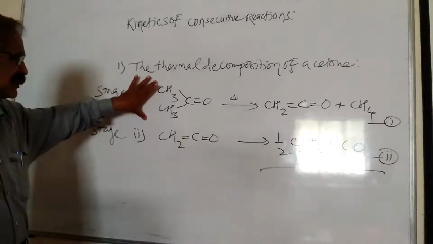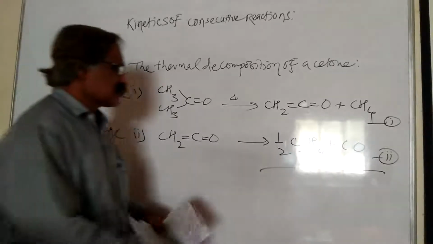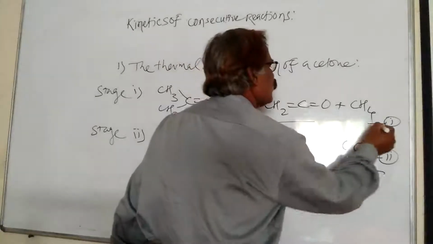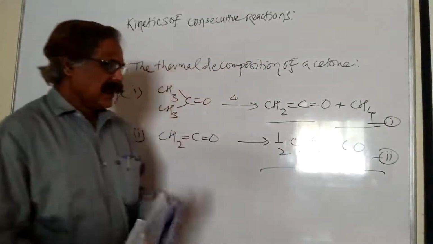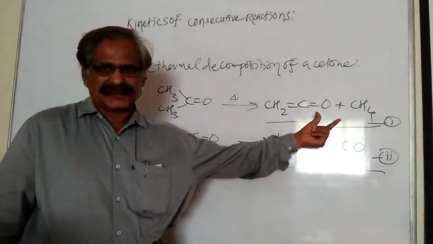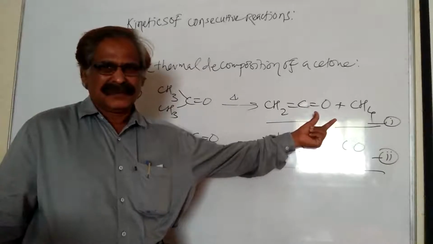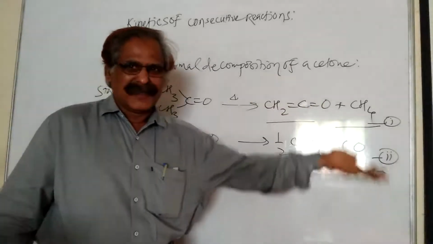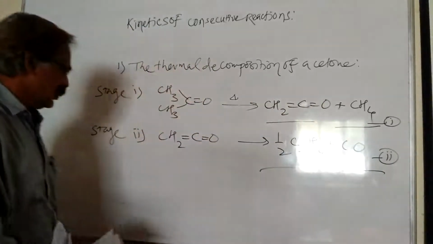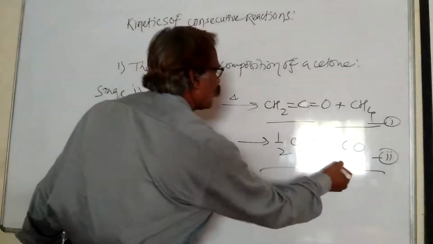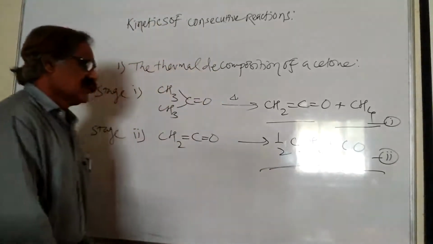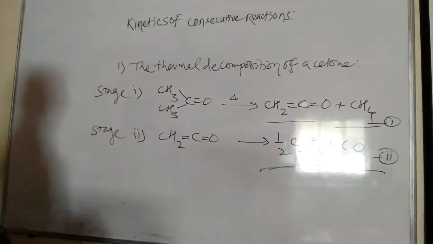In first stage, when acetone is heated, it gives these two products, and these two products in second stage give the final product C2H4.